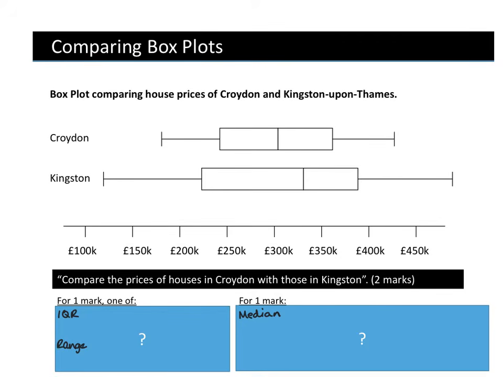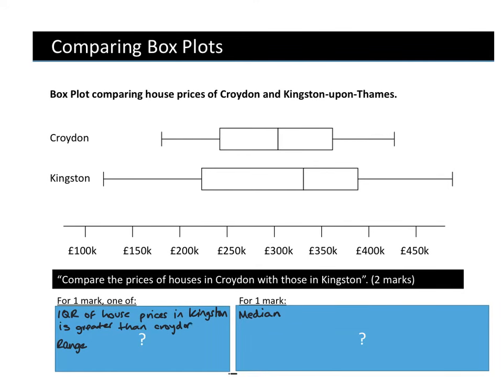So here we go. If you're comparing the interquartile range, okay, what could we say about the interquartile range? Well, the interquartile range in Kingston is larger than Croydon. So we can say that. So the interquartile range of house prices in Kingston is greater than Croydon.